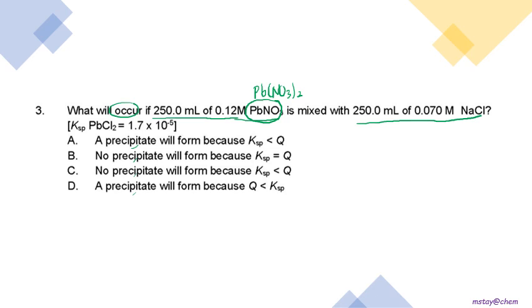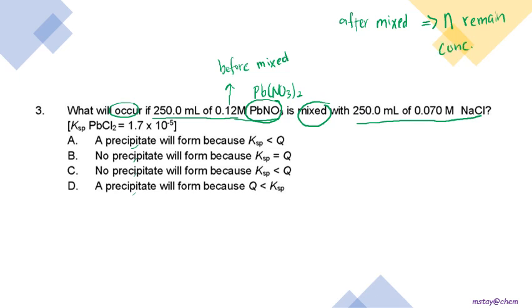Before we calculate Q, we need to find the concentration of lead 2 nitrate and NaCl after mixing, because the concentrations given here are before mixing. After mixing, the number of moles remains the same, but the concentration changes due to the different volume.